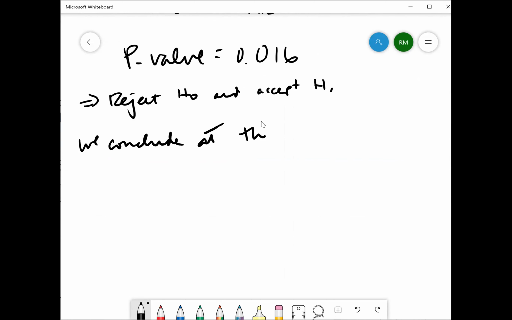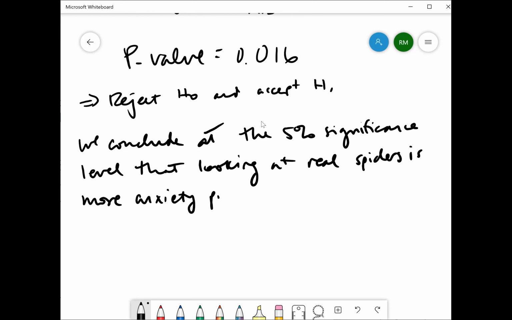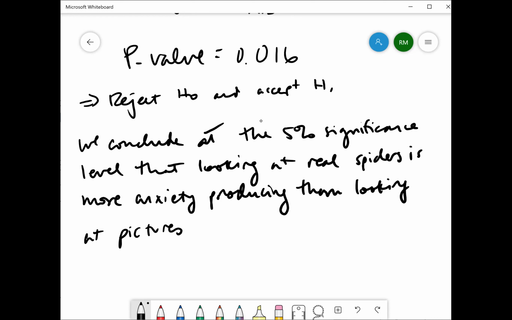So we conclude at the 5% significance level that looking at real spiders is more anxiety producing than looking at pictures of spiders on average.